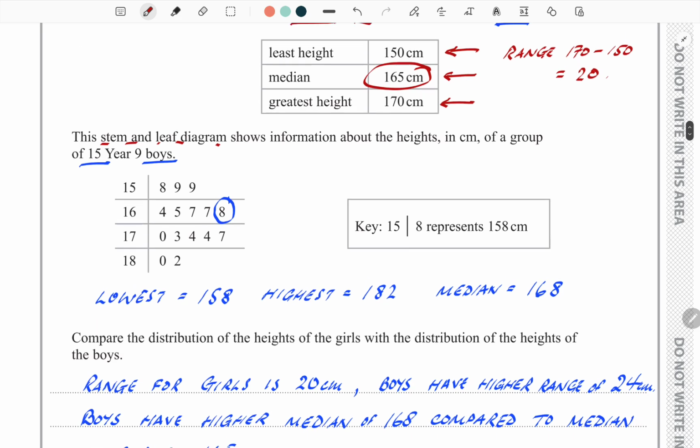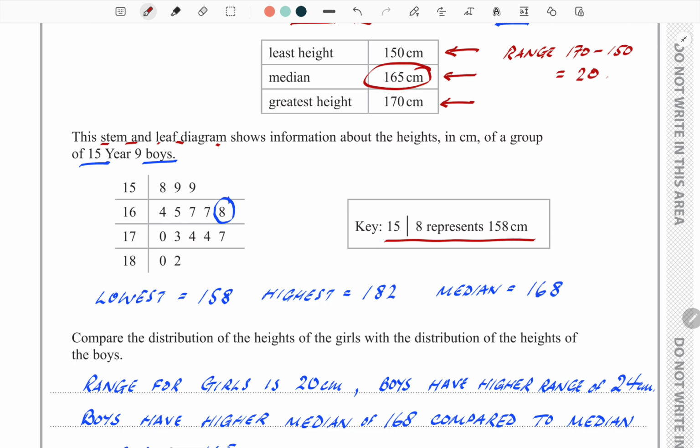For the boys, exactly the same information that you need. Reading a stem and leaf diagram, remember the key is there. All stem and leaf diagrams, whether you're reading off them or you're asked to actually draw one, always remember to look at the key, and if you're drawing one, you've got to put the key down, otherwise you don't get the full marks.